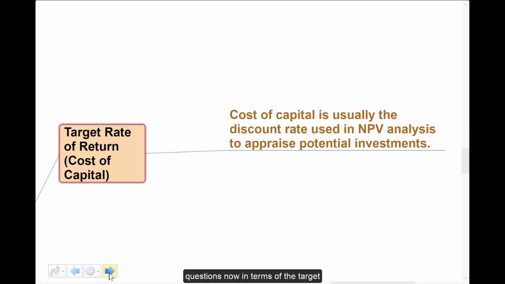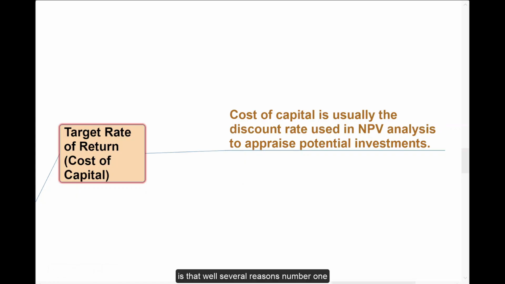Now, in terms of the target rate of return, or if you will, the cost of capital, I mentioned it up top. It says here that the cost of capital is usually the discount rate used in NPV calculations. I would agree. Now, why is that? Well, several reasons.